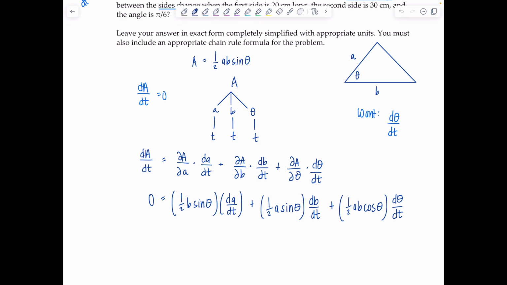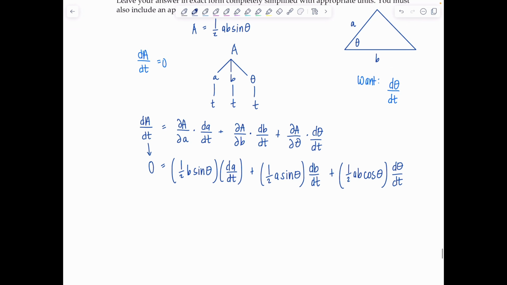And this actually all equals 0 because they told me the area is constant. It's not changing. Good? Okay, so from here, the 1/2 cancels out, does it not? Because everything's equal to 0 anyway, so we can get rid of them.